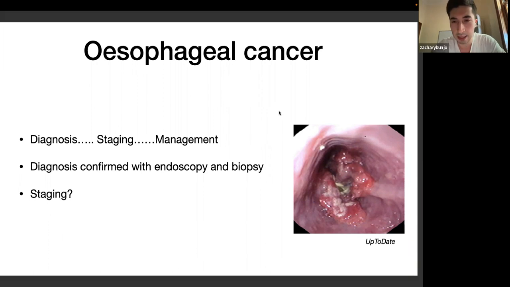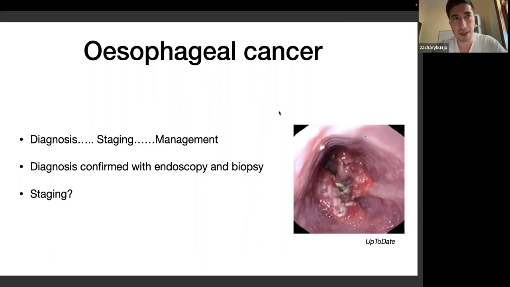And you might have also read about things like endoscopic ultrasounds done together with an endoscopy. They can give a pretty good idea about the T staging of the cancer, so the extent that it involves the esophageal wall. And you can also get a bit of a view of any nearby lymph nodes, a bit of a limited view of the liver for any metastases.